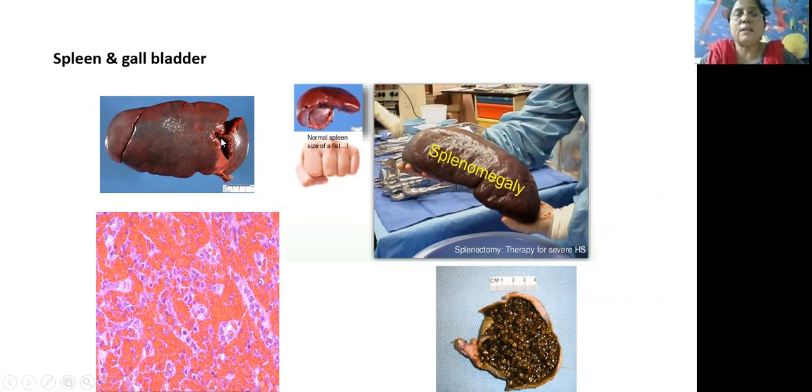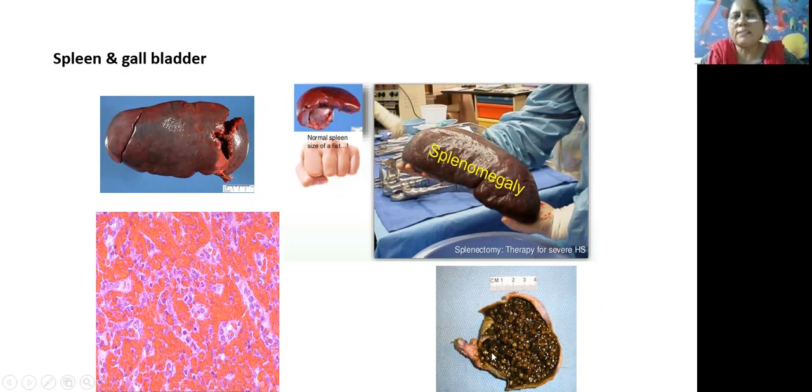They rupture and it is an acute emergency to do splenectomy. Okay, so see here, the cords of Billroth everywhere in the spleen. These are all RBCs stagnating, widened cords, and they are all stagnated RBCs. And what is this organ?